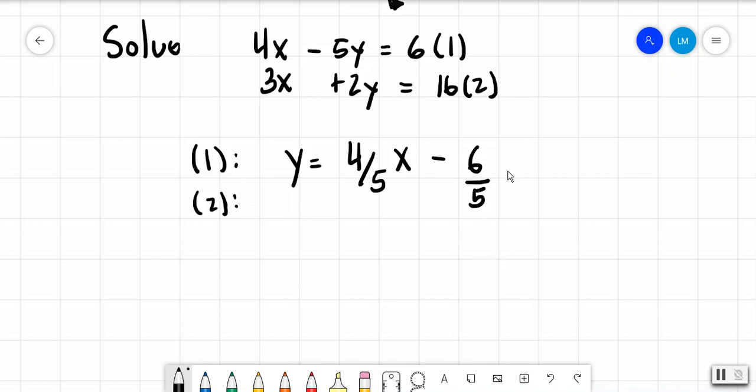So you can see how this will be very difficult to draw in the x and y plane. But then the other equation will be y equals negative 3/2 x plus 8. So these are the two equations that you will put into your graphing calculator.